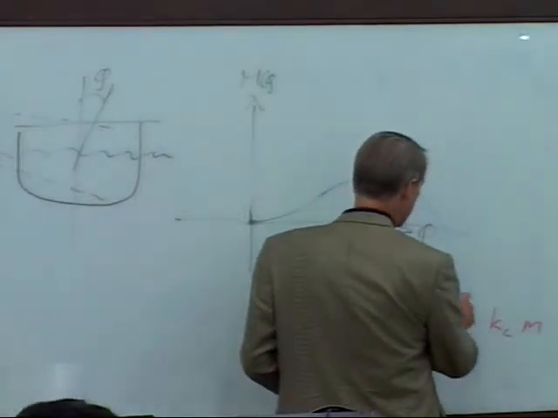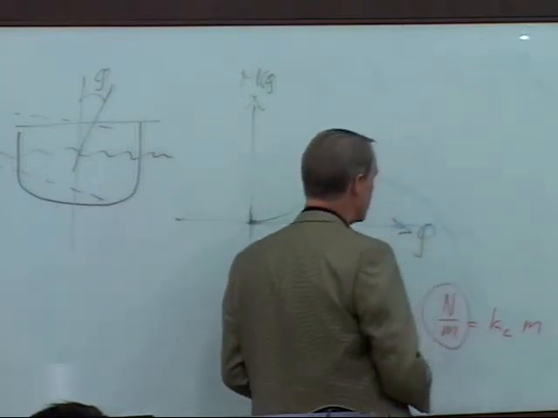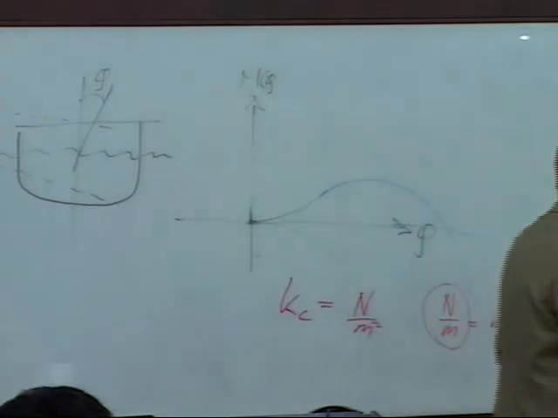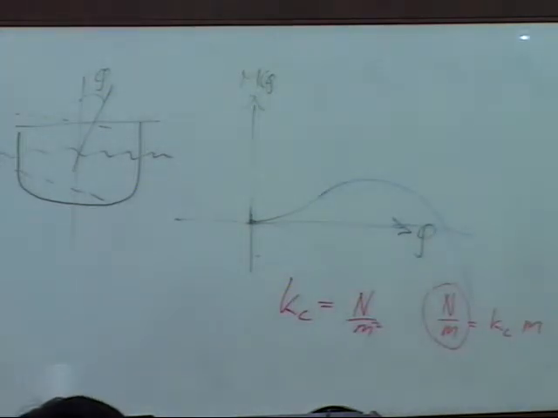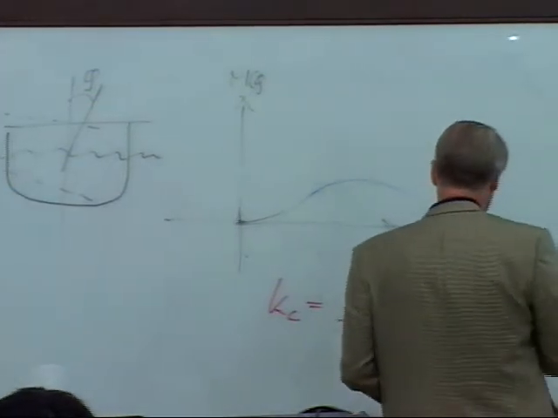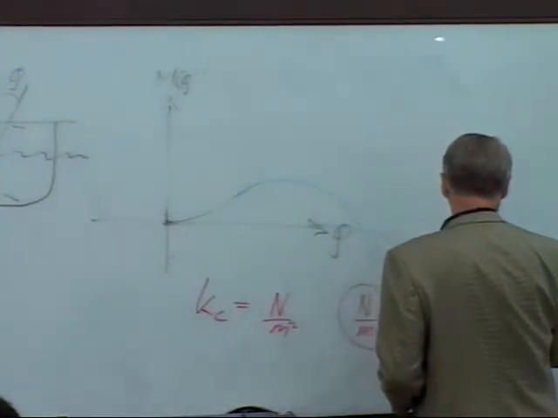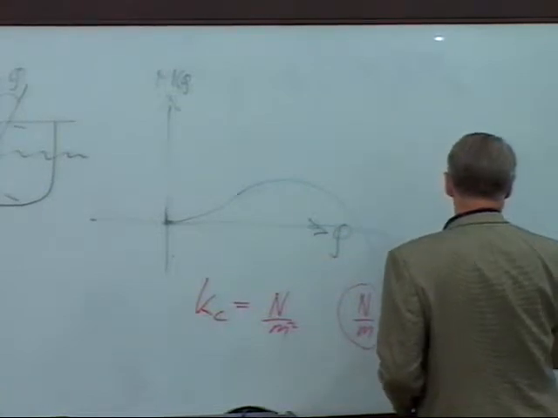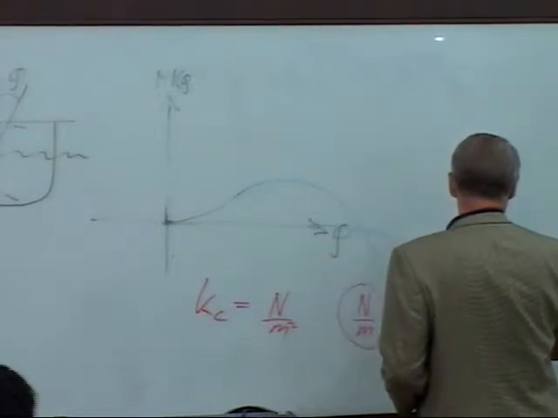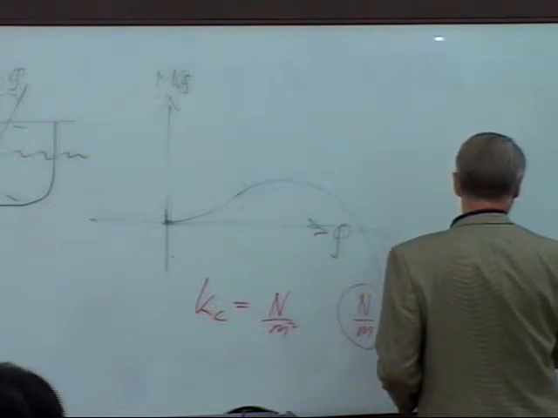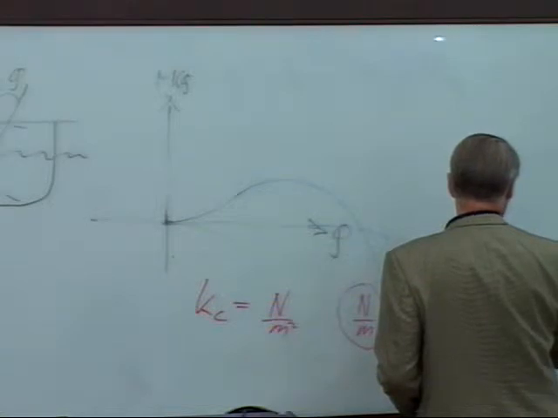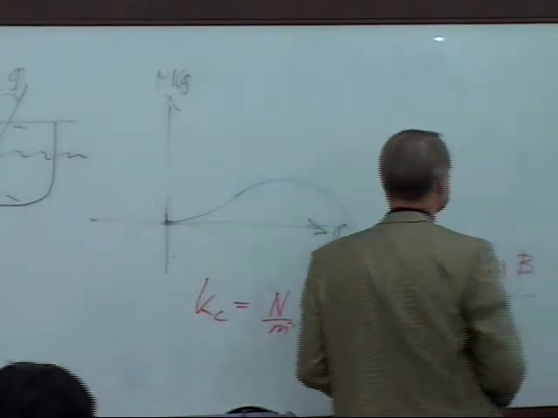So this is the force per length of the beam. And the spring constant is simply rho water times g times the width of the beam. So we can call that B, for instance.